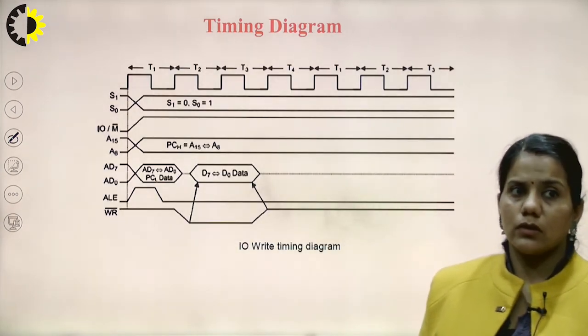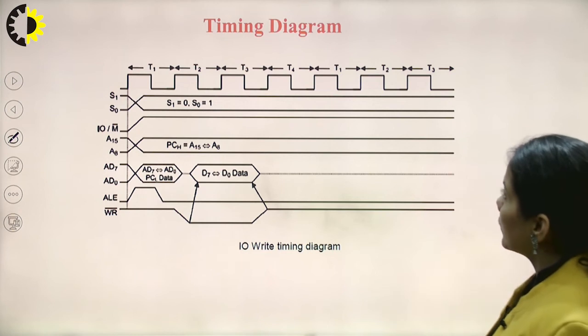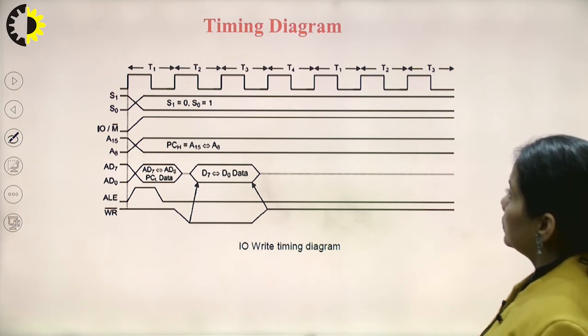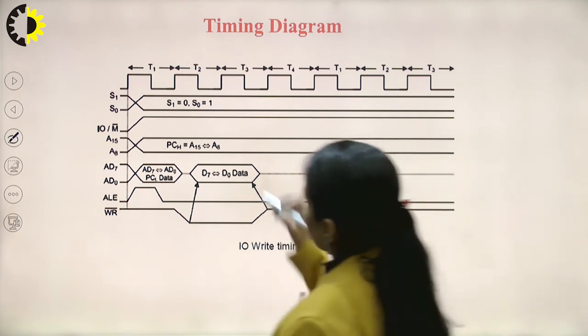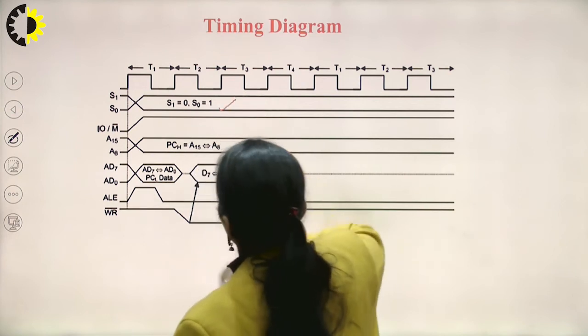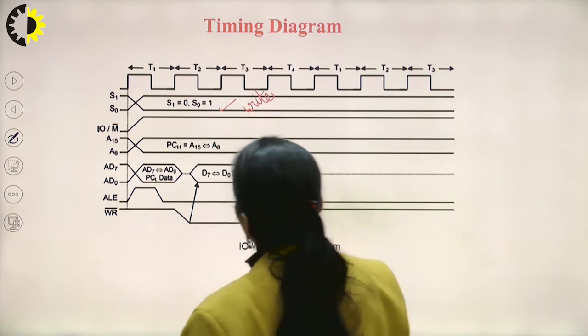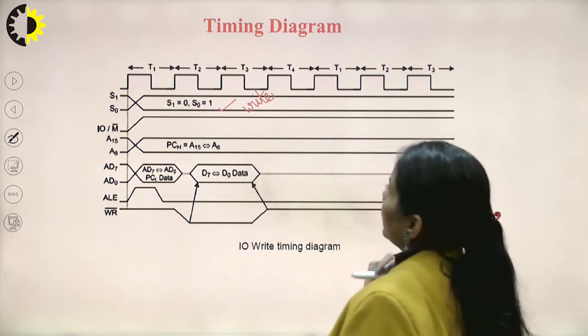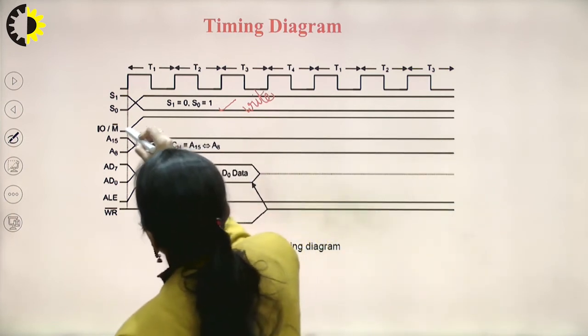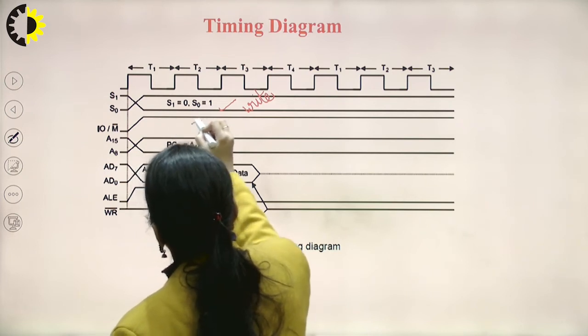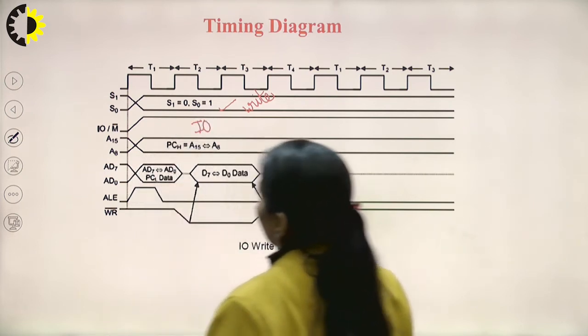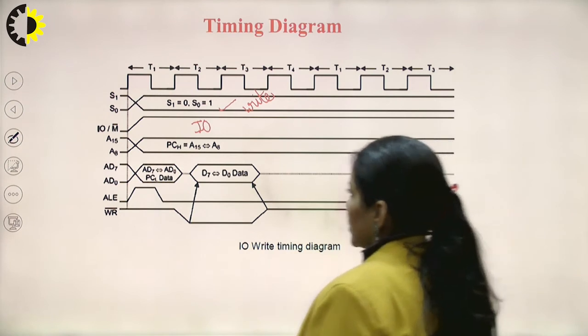Let's have a look on this. So S1 is 0 and S0 is 1. This is the condition for the write operation. IO/M-bar is high because it is presenting the input-output operation, which is active high.